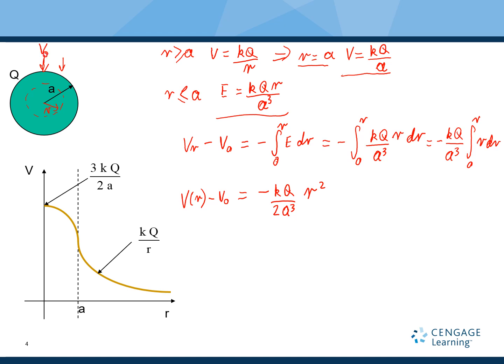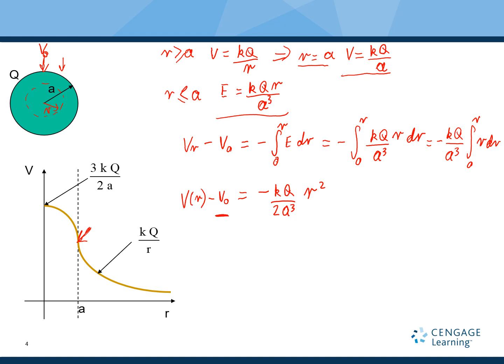Now, why should we take V0 to be not equal to 0? We should take V0 to be not equal to 0 because we want to use V0, which is effectively acting like an integration constant, to match the potential exactly at r is equal to a.